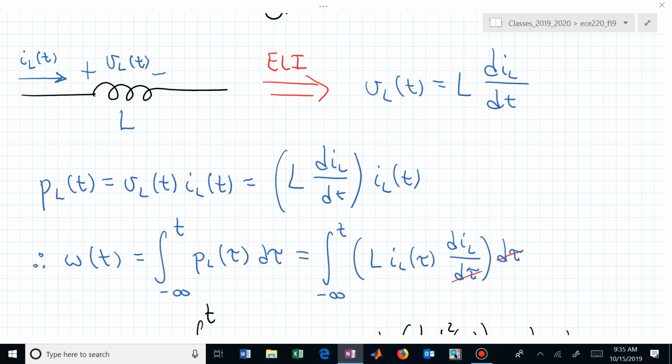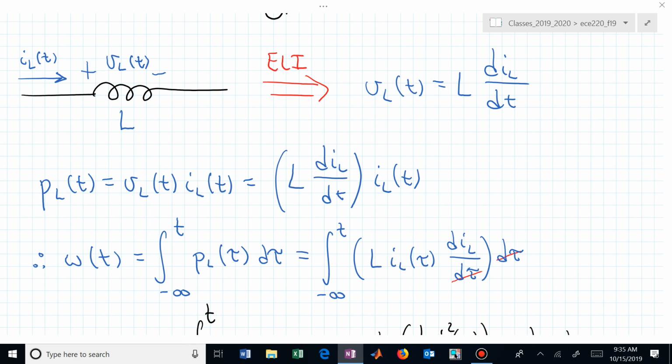Here's the instantaneous power associated with that inductor. p_L of t is the voltage at time t times the current at time t. And if we replace voltage's description in that equation in terms of current, we have L di dt times i. That's the instantaneous power.